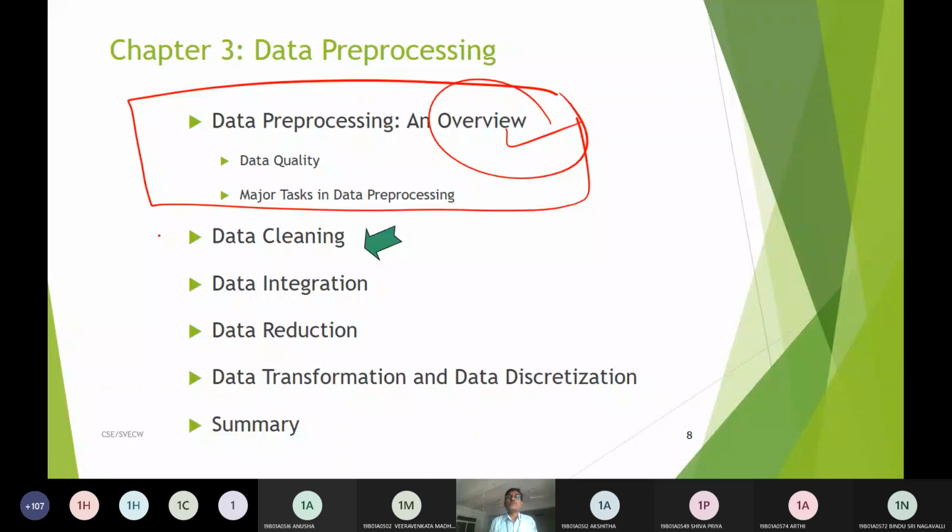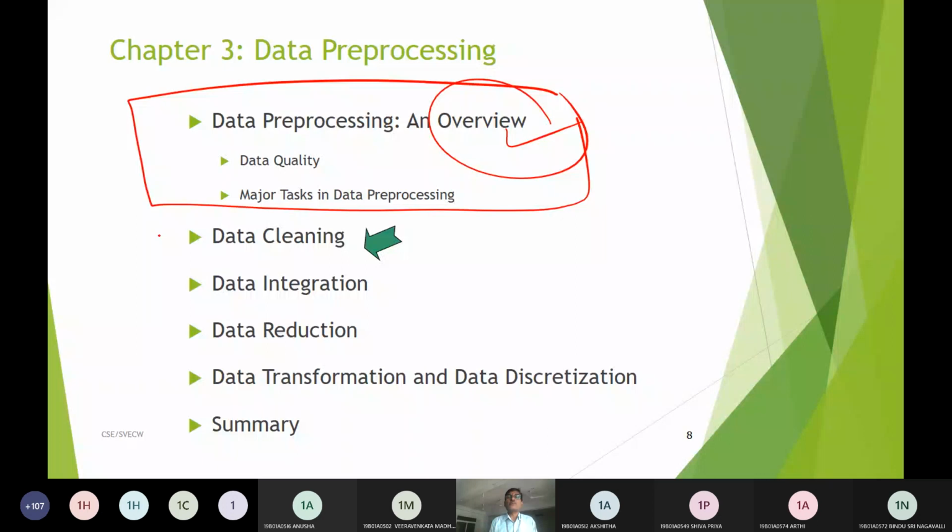So how are these errors classified? The next way of putting this is how we classify. One, we say it is incomplete data, and this incomplete data we call missing data.